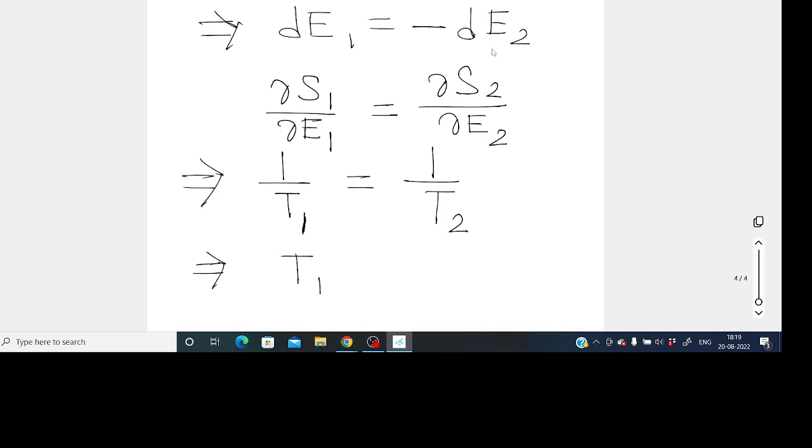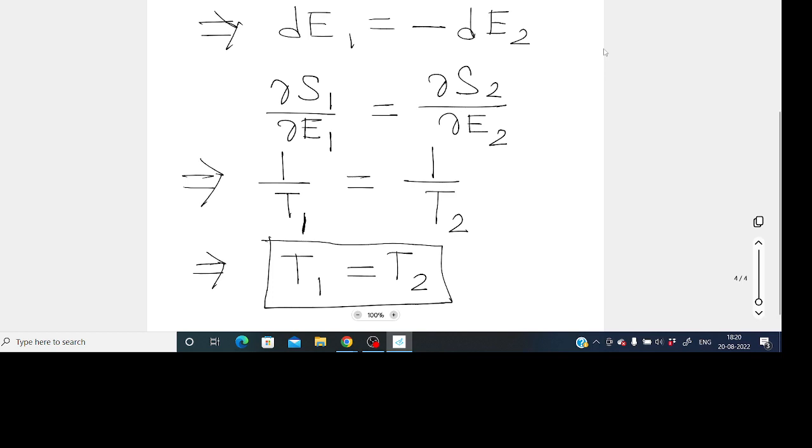So we have T1 equal to T2. This is the condition of thermal equilibrium of two subsystems. So the temperatures of the two subsystems are equal in thermal equilibrium.